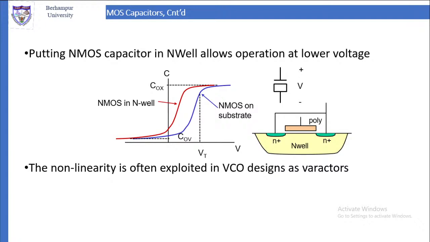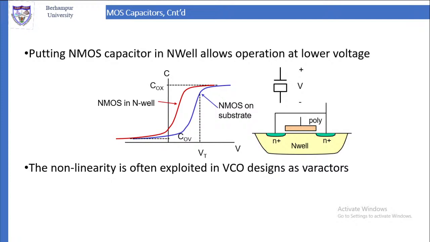Within the N-type well are the substrate and the oxide, into which you diffuse the N plus drain and N plus source, and above the well is your gate, the poly gate.